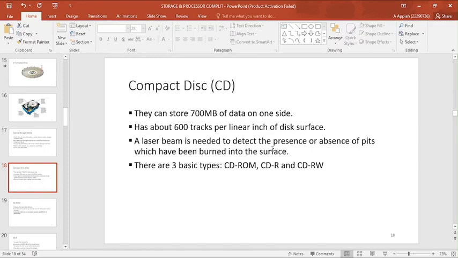And then it comes in three types: the CD-ROM, that's the compact disc read-only memory, the CD-R, compact disc recordable, and the CD-RW, the compact disc rewritable.